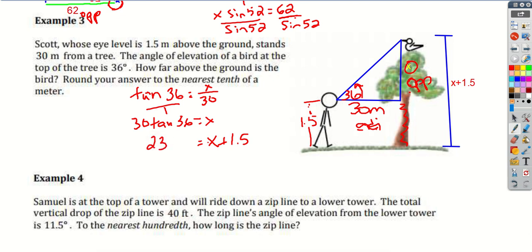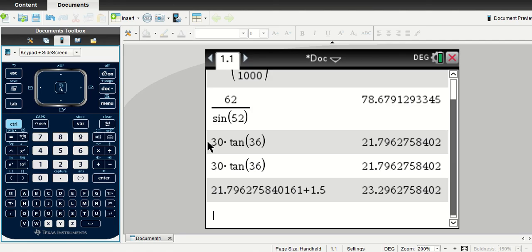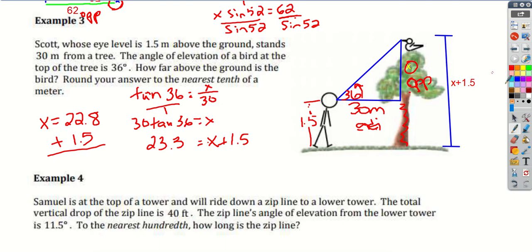Now, if you had written that x is equal to 21.8, then you're just going to add the 1.5 on. You can also do it that way as well. 21.8, my bad.